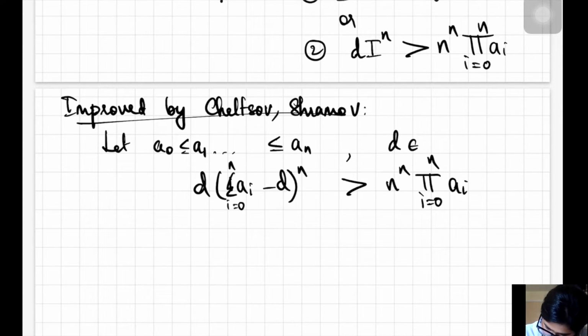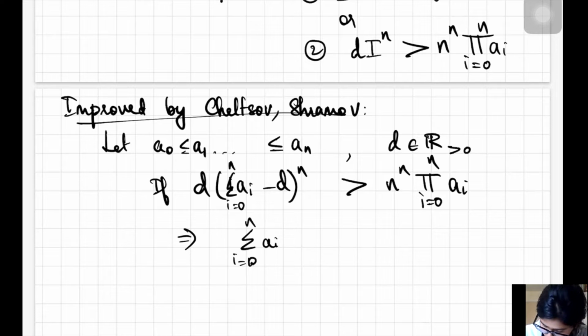So this is in a much more general setting. You don't even need it to be a Fano or a weighted projective space or any of it. As long as you had these numbers, which were positive real numbers ordered in a particular way, as long as this was satisfied, this would then imply that the sum of a_i from 0 to n minus d was always greater than n a_0.